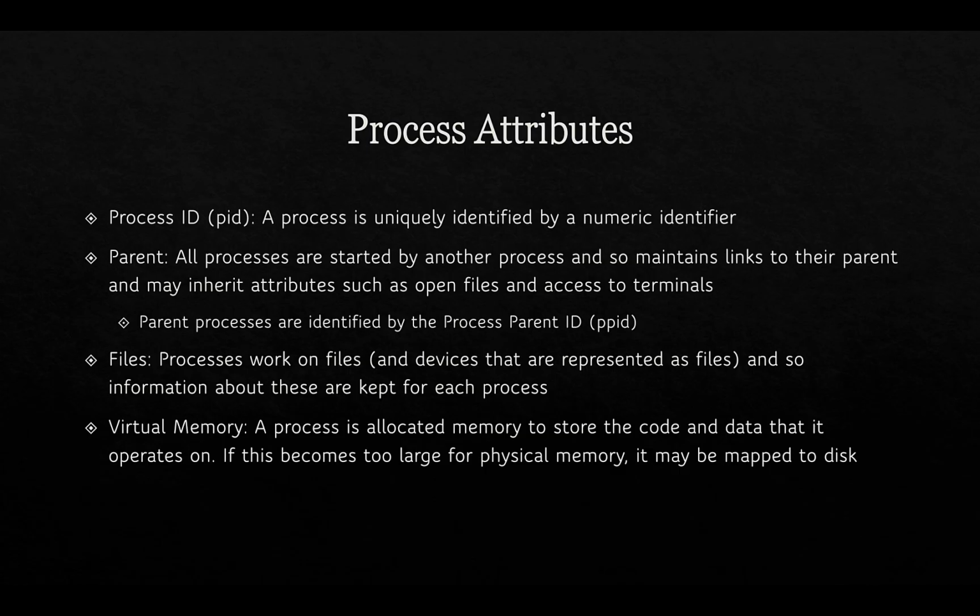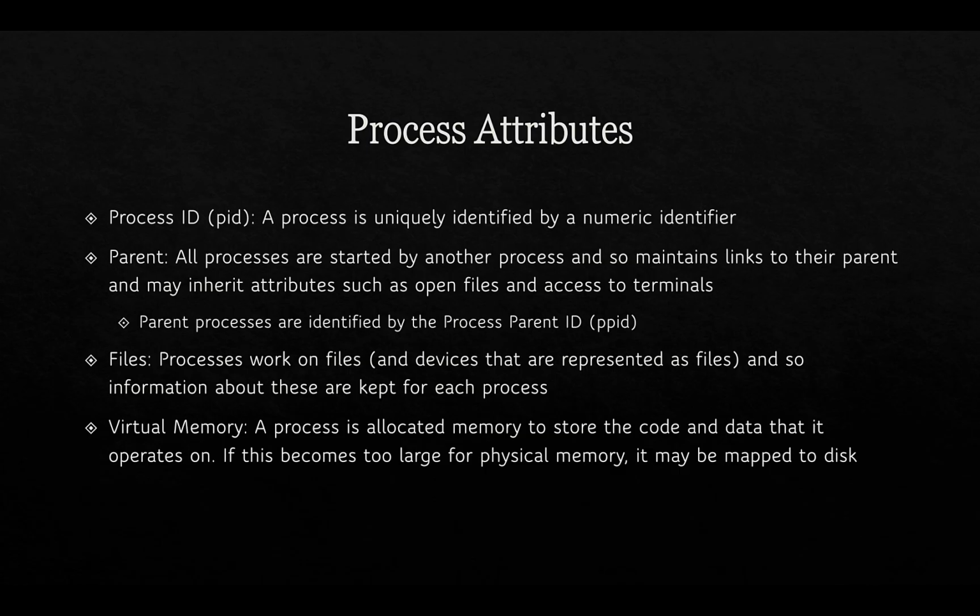But if you're in a bash shell, for example, and you run a process, then the parent of that process will be the bash shell itself, and we'll explore that a bit in the lab. So the parent can be identified by the parent process ID, the PPID, and you can get access to that depending on whether you're in Windows or Bash in a number of different ways.